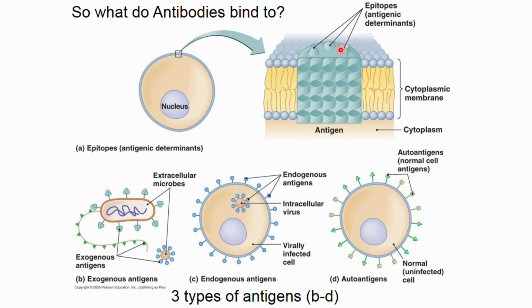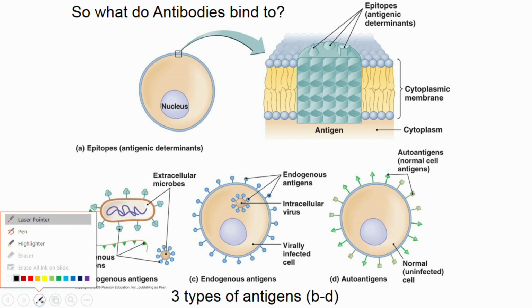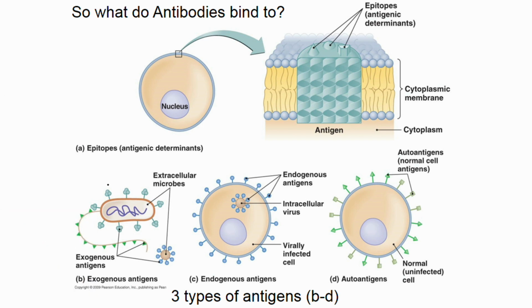Some pathogens have multiple epitopes on them. And again, some epitopes are on the outside, which is handy because if you can get antibodies to bind to a particular pathogen, then it has been marked for destruction, right? Same thing with this virus.